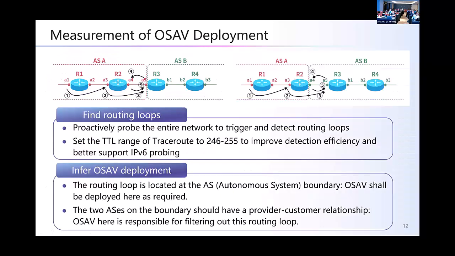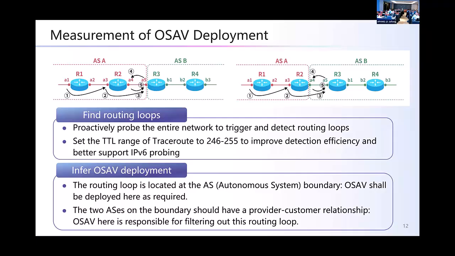Second, that's the OSIV deployment. We use routing loops. I think many network engineers know routing loops. That's when you send a message to an IP address that's not correctly configured. It's an IP address, maybe for an ISP, but the ISP just configured a default route.